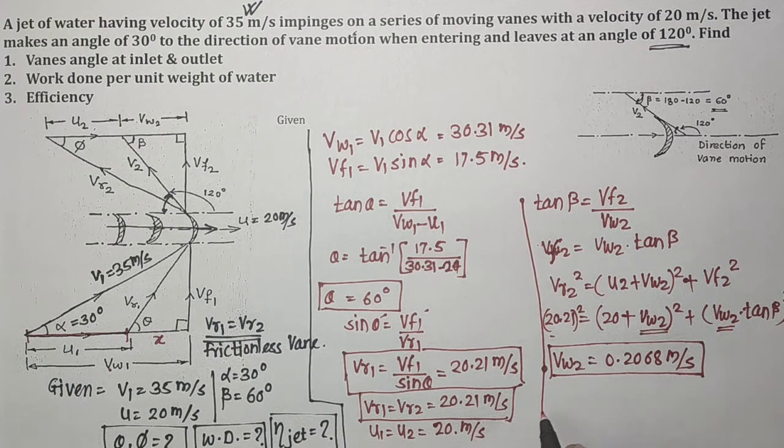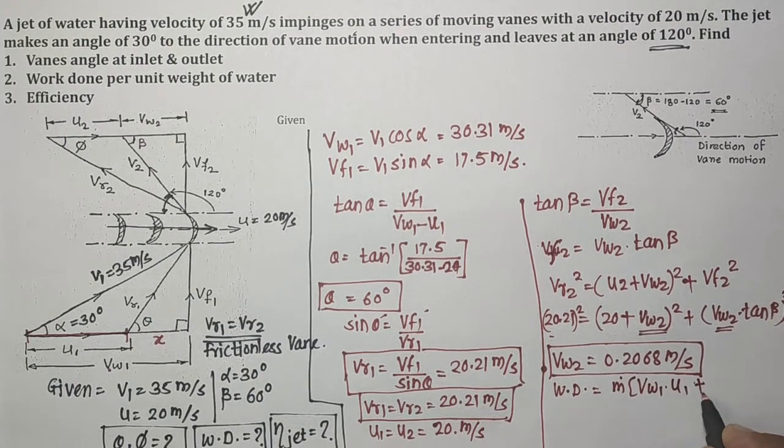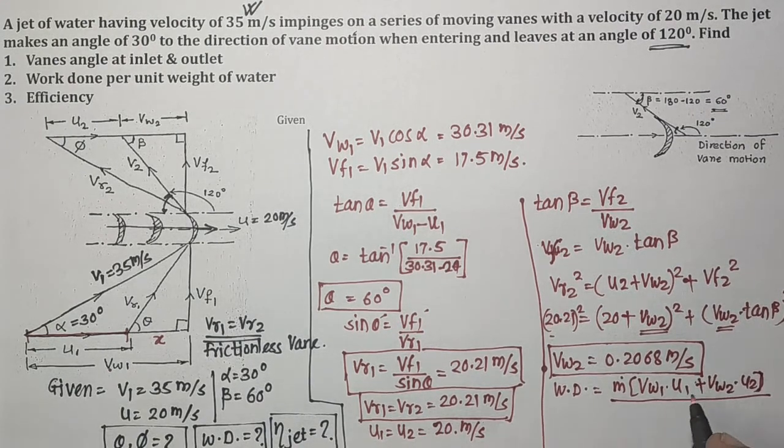Okay, so work done is equal to m dot (VW1 into U1 plus VW2 into U2) divided by m dot g. Here m dot g is nothing but the potential energy available on either side of this particular system.